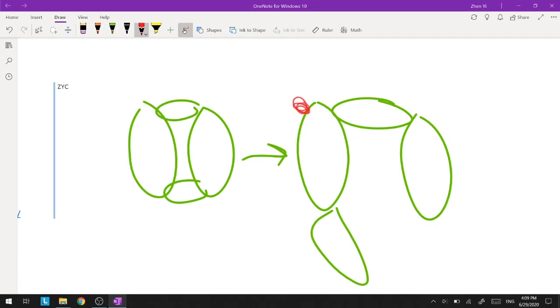Here's a neurotransmitter. And our positive ions can go in.